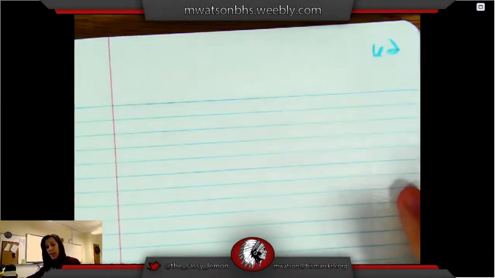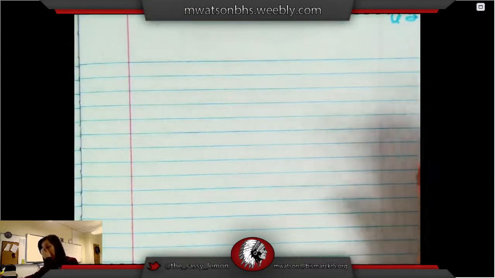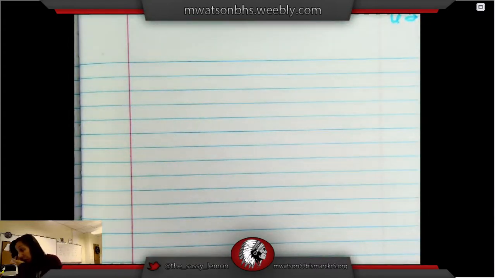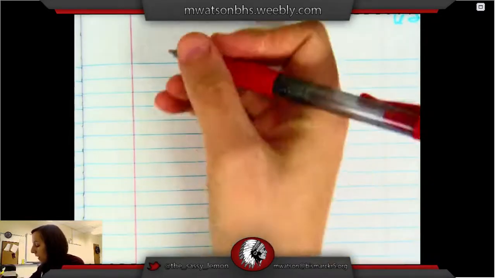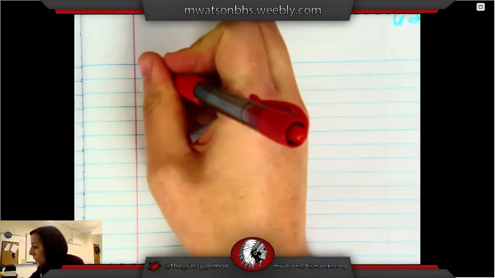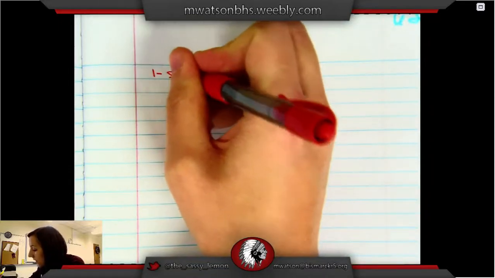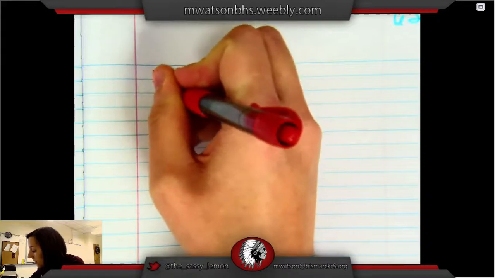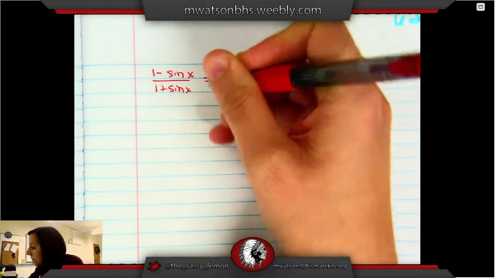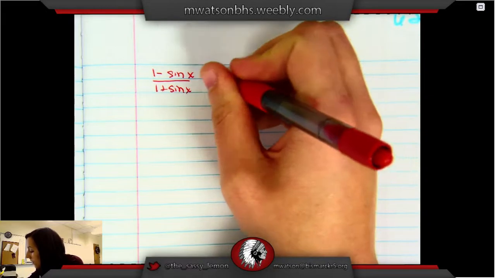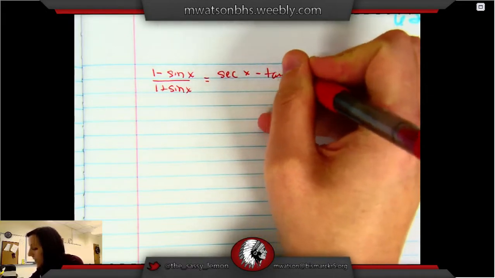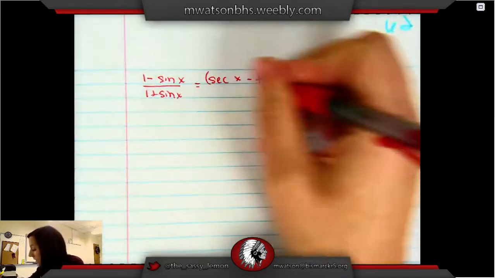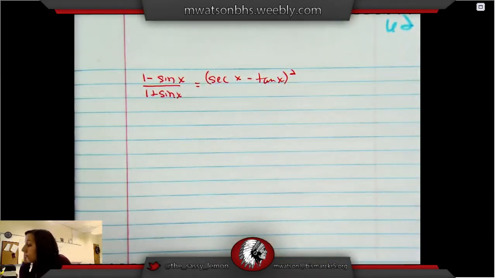Now, on the right-hand side of page 62, I want to show you another one. I want to show you one that's just a little bit different, so you have some more examples in your toolbox. So this one is going to be 1 minus sine of x over 1 plus sine of x equals secant x minus tangent x, quantity squared.